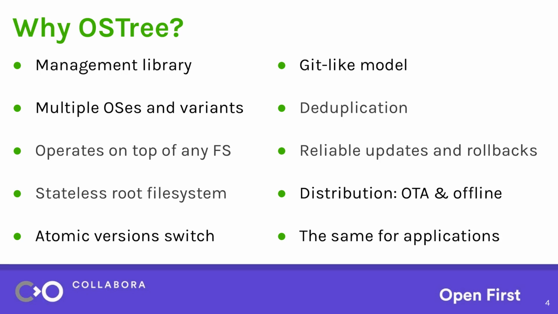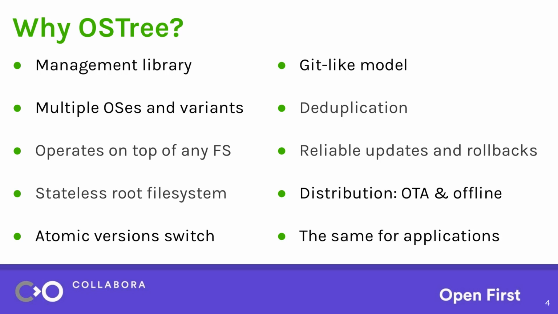OSTree provides secure and reliable updates and rollbacks. Rollbacks are absolutely the same as an upgrade from the libostree perspective, and we should care only about several directories like var or etc and application data as well.